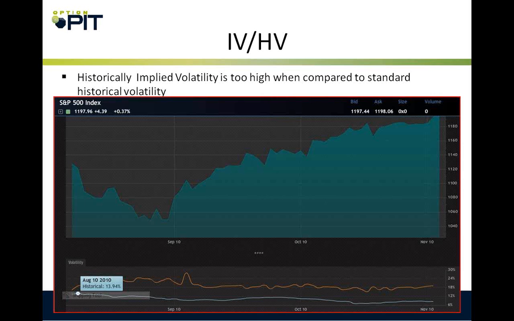Now, is that always the case? No. Does it feel that way all the time? No. If things are directional, even a small amount of movement, low volatility in the same direction, can feel like a higher volatility sometimes. It's kind of an interesting thing. So that's kind of the tradition.